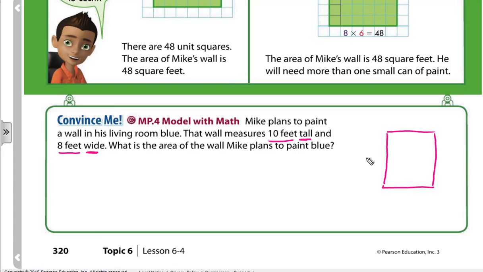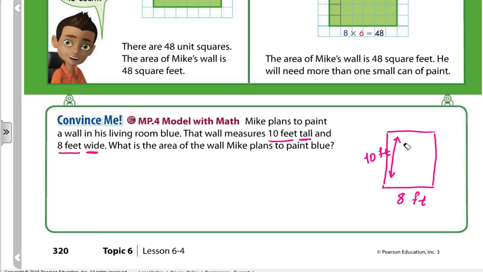One of them we call the length, which is 10, and the width is 8. So this is the width, and this is the length, how tall something is.